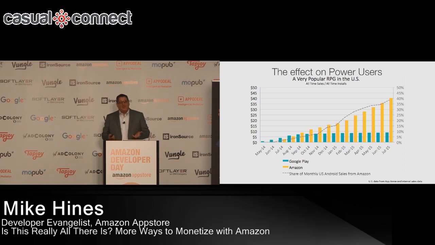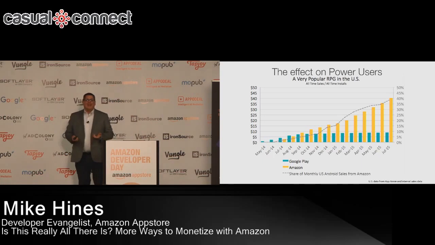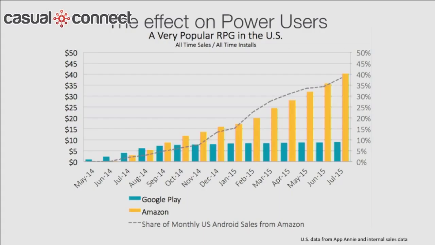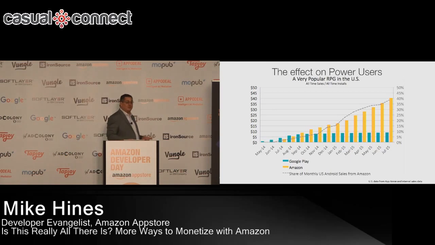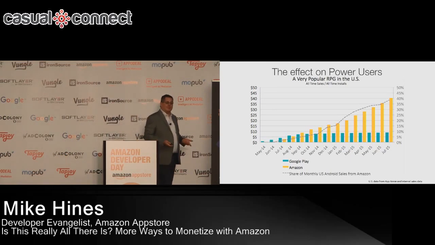And the interesting thing is the number of installs on Amazon is still significantly smaller than on Google Play, even though the revenue is so significantly higher because of the incentive driven by a coins program and a coins campaign. So you can see that this can make a really big difference to your customers when incented by Amazon coins packages.